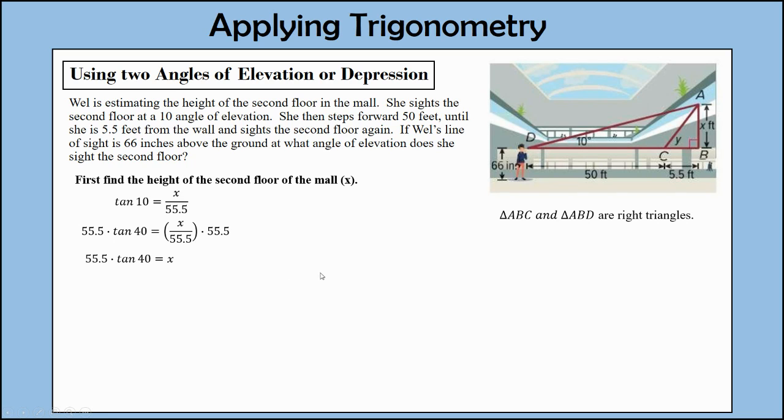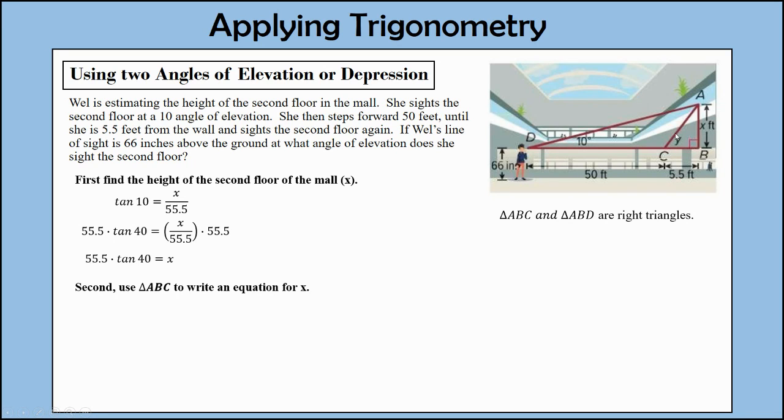What we need to do now is write a second equation that involves this x so that I can compare it to my first. So I'm going to use triangle ABC now to write a second equation that uses y, which is what we're trying to find, this angle y, and x. Okay, so we're going to use triangle ABC.